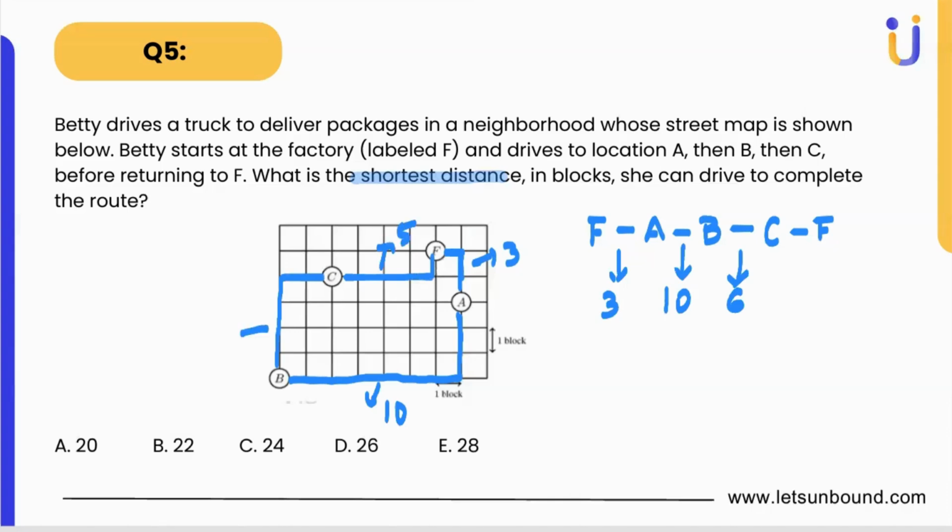This is not a tricky question. The question is just to look at the shortest ways you can travel between all these points. If I add 3, 10, 6, and 5, that gives me my answer as 24, which is the C option.